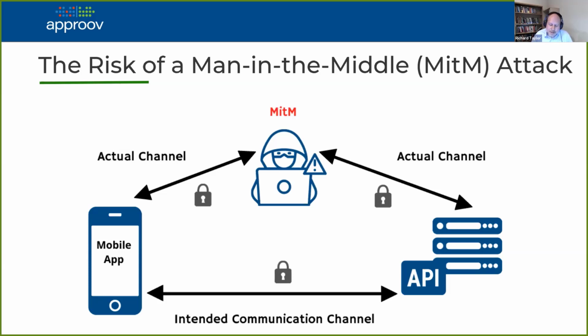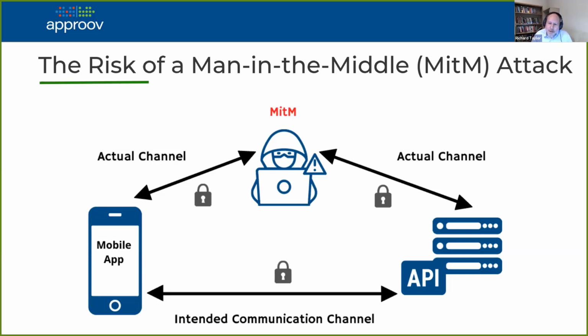So in TLS, there's a whole protocol around ensuring that the mobile app thinks it's talking to a legitimate back-end server, but a man-in-the-middle can insert themselves, and actually then the mobile app talks to the man-in-the-middle actor over an encrypted channel, thinking that's the back-end server, and then the man-in-the-middle can steal the traffic, potentially modify the traffic, and then transmit that on again over an encrypted channel back to the back-end service.